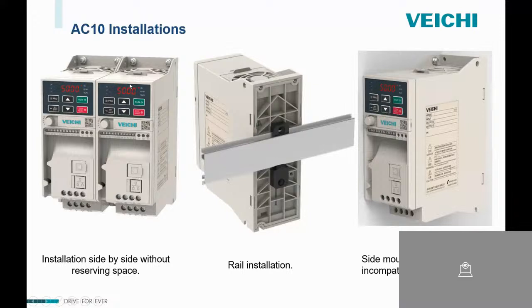You can install it side by side without reserving any space. And for railing installation, you can also install it on the railing in the cabinet. You can install on the railing directly, with no need for any screw. And you can also install it side mounting, like a vertical space.